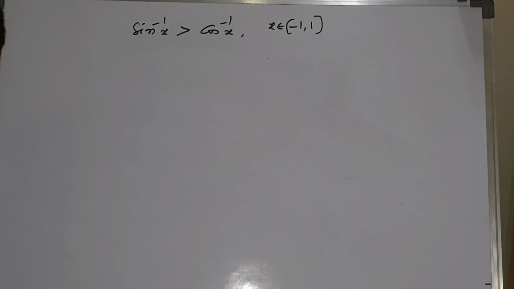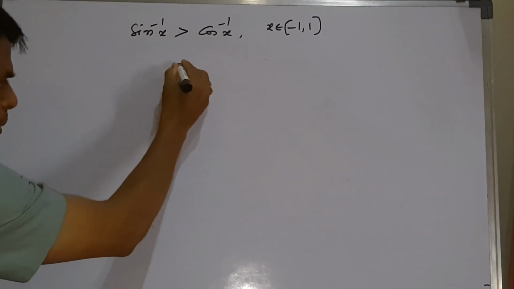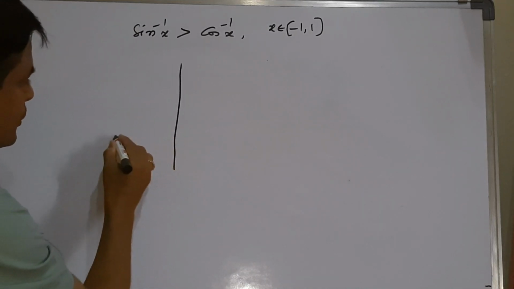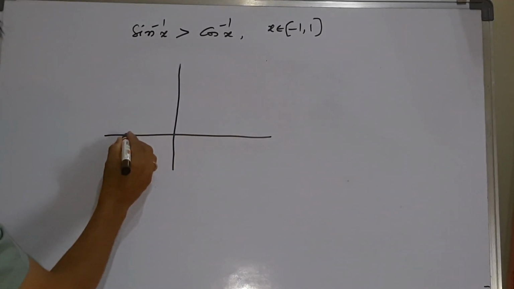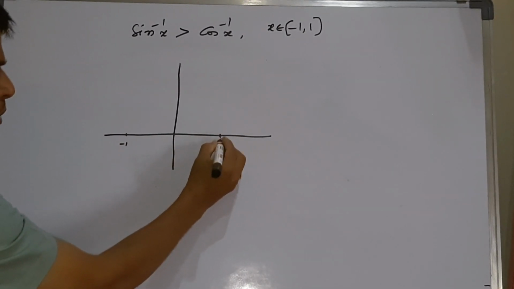Now we will make the graph of sin inverse x and cos inverse x here in one place. The domain is clearly the same, that is defined between minus 1 to 1.